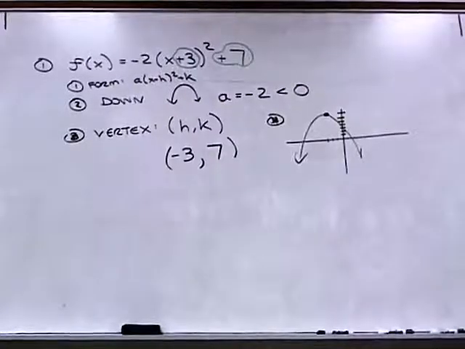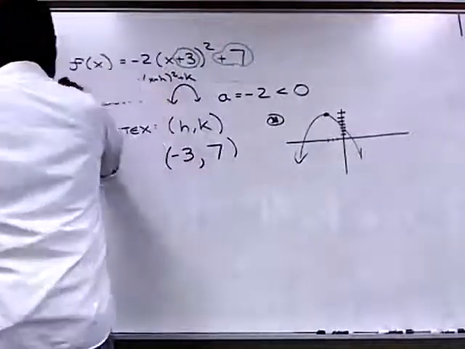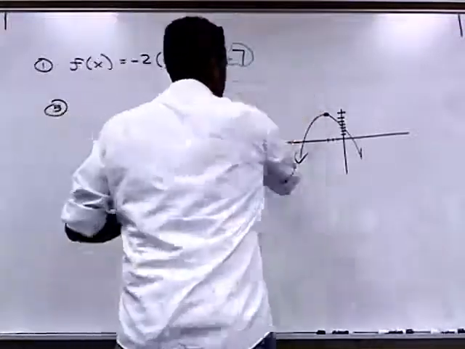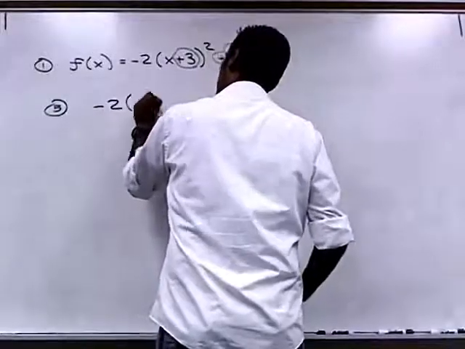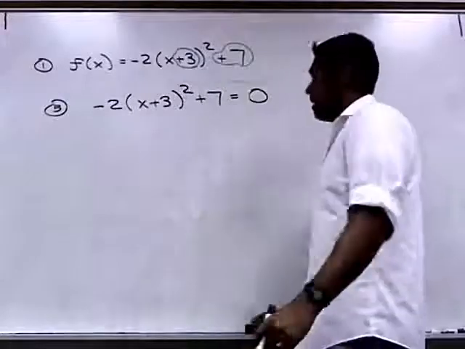All right, now fifth step, x-intercepts. How do we find the x-intercepts? Set the function to 0, right? Negative 2(x plus 3) squared plus 7 equals 0.